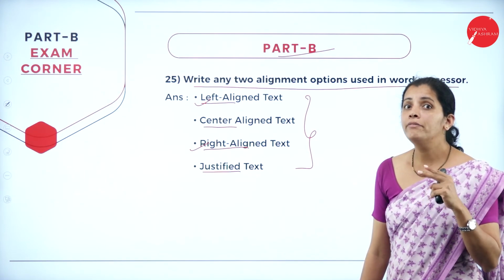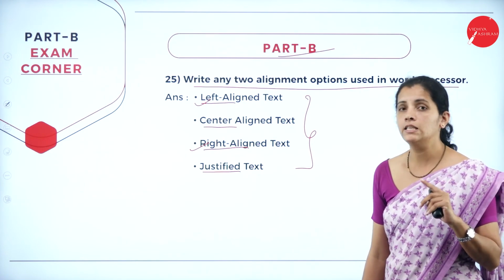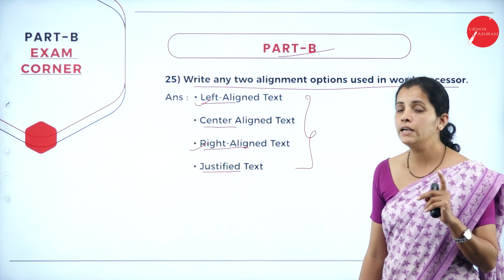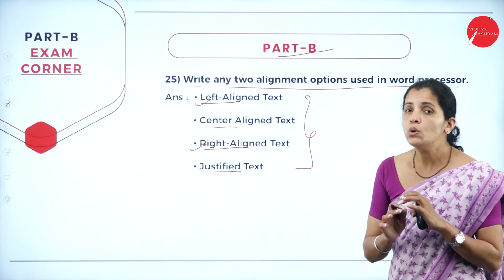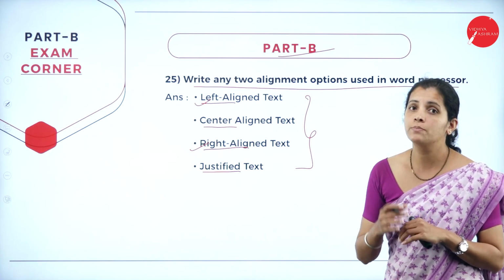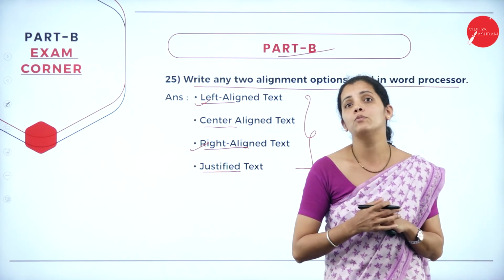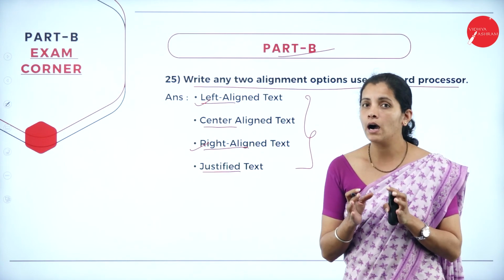In my further sessions, I'm going to deal with part C, that is for 3 marks, and part D, 5 mark questions. So dear student, don't miss my next sessions, because in the next session I'm going to deal with part C as well as part D.